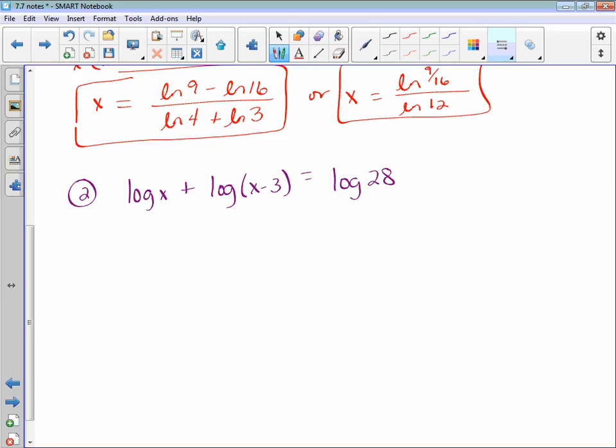So I've got a whole bunch of logs going on here, so I definitely don't want to take the log of both sides because that's just going to confuse things. Can I condense on the left? So I've got the log of x times x minus 3 equals the log of 28.